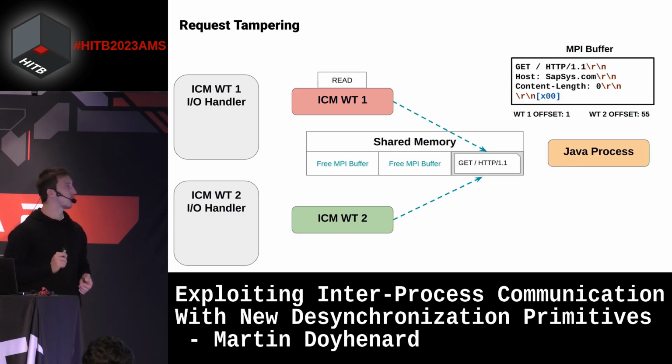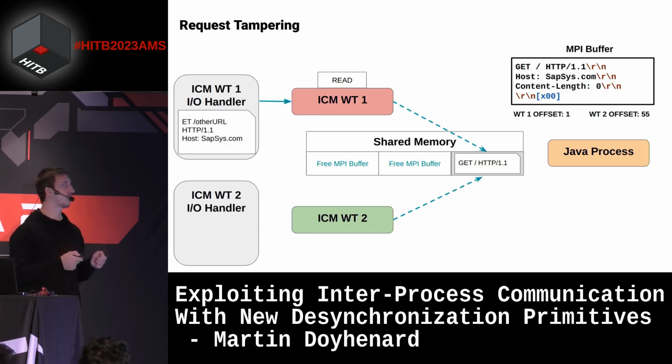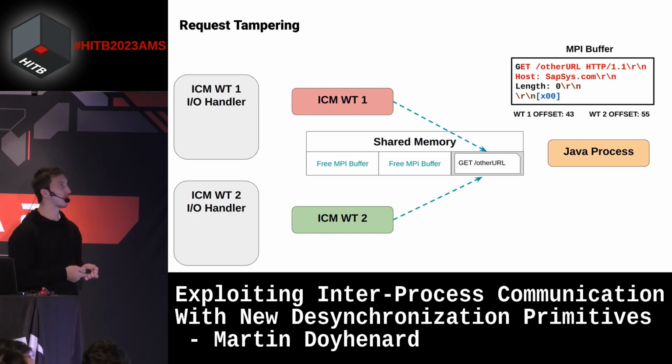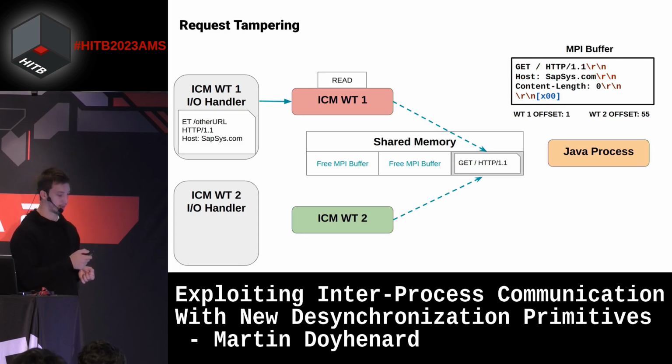So again, when the worker thread 2 receives the request, reserves the MPI buffer, and stores the request there, it will tamper what we already placed there, which was an X. And now, if we are able to write something else in the worker thread 1, just at this moment, we are going to be able to tamper the entire request of the victim, because we are writing at offset 1 at this point.